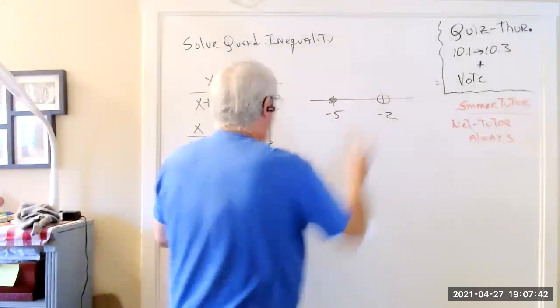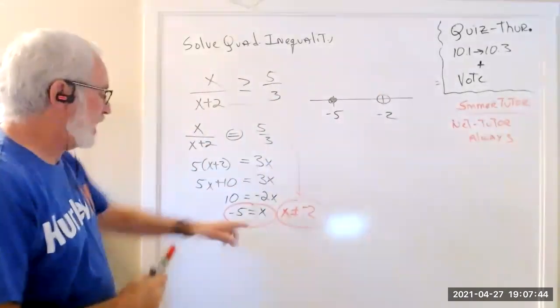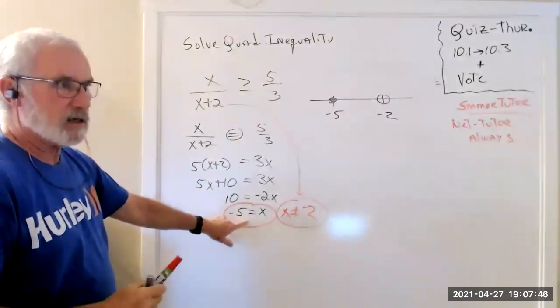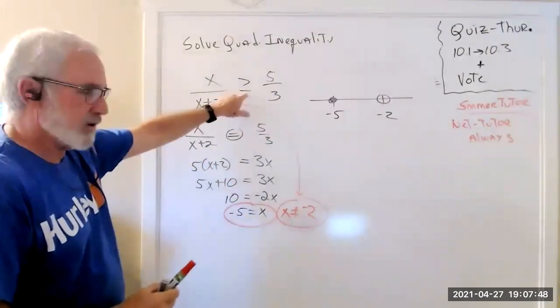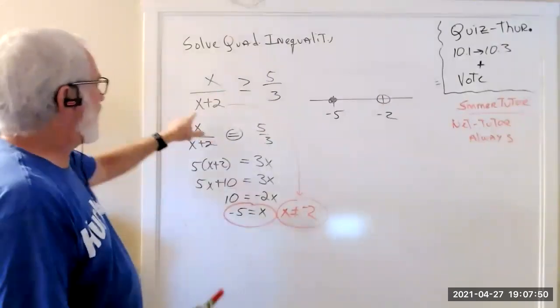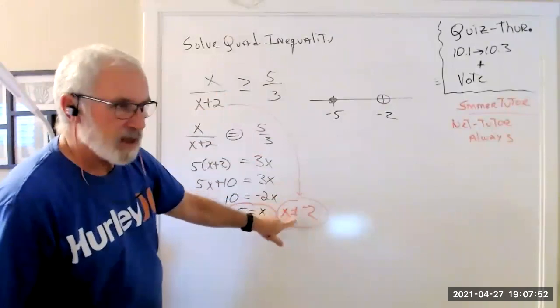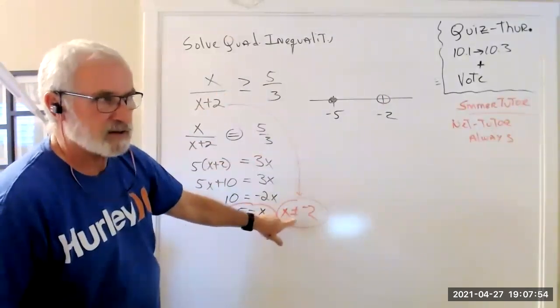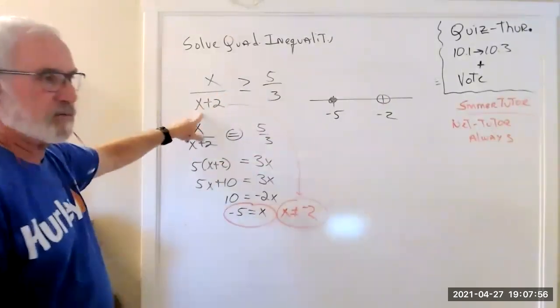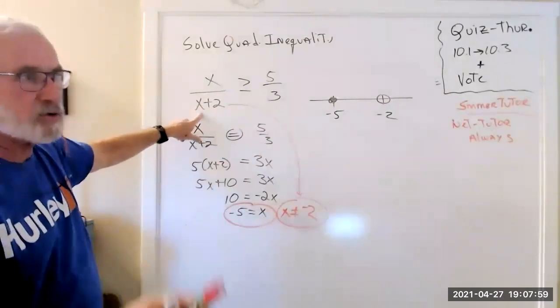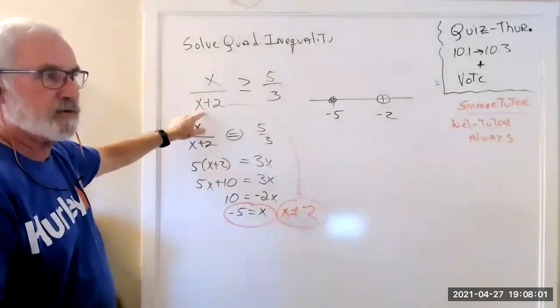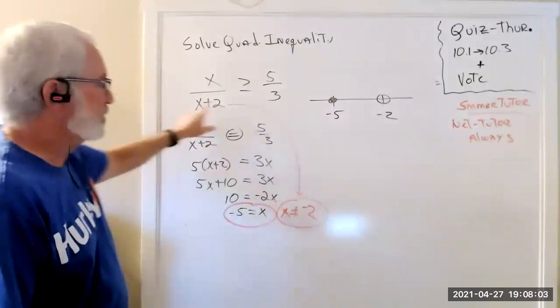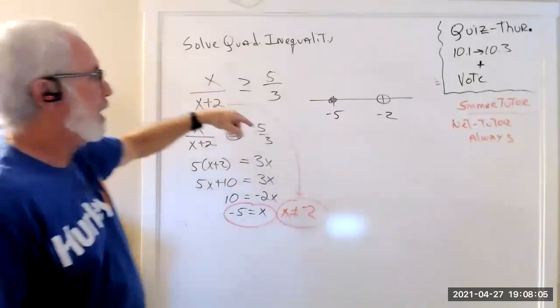Yes, exactly. We can hit -5. That's okay because of the greater than or equal to. But we can never hit -2, because x can come close to it, but it can't touch -2 because it would cause our fraction to just blow up.